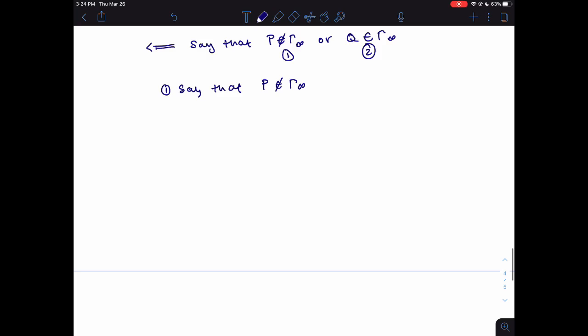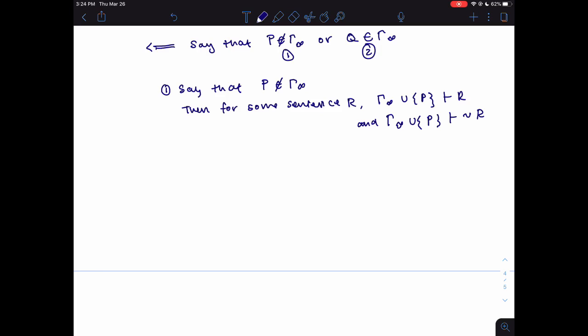So we're told that P is not a member of gamma infinity. Okay, so then it's going to be the case that for some sentence R, gamma infinity union P will allow you to derive R, and gamma infinity union P will allow you to derive not R. Okay, so we're exploiting the fact that because P is not a member of gamma infinity, if you tack on P to gamma infinity, you can derive a contradiction.